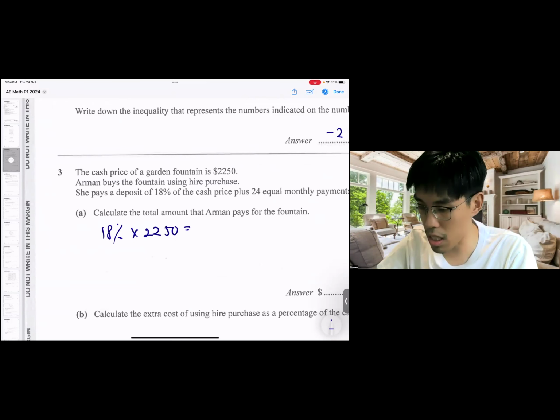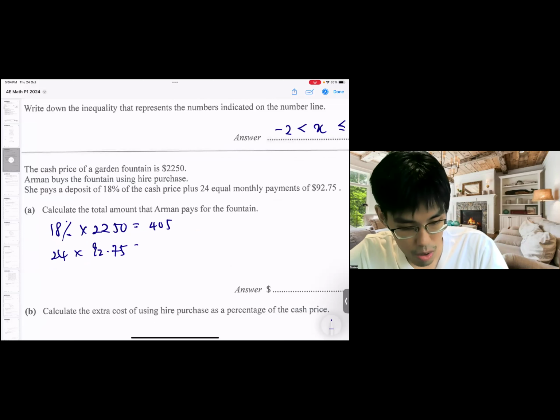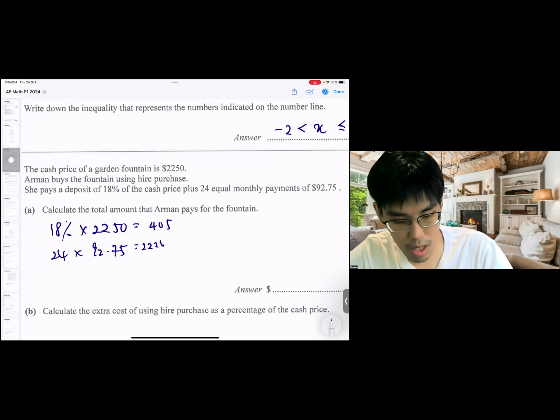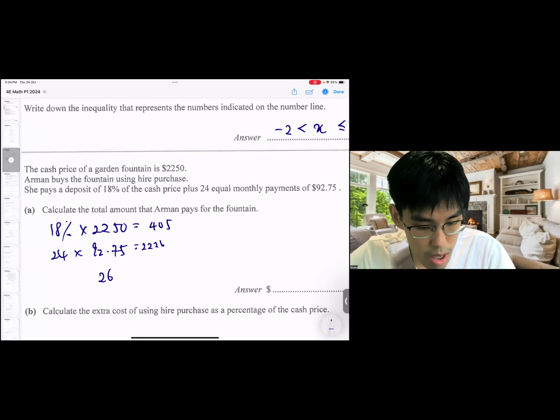Then 24 monthly payments of 92.75. 92.75 times 24 should get 2226. So the total should be 2631.